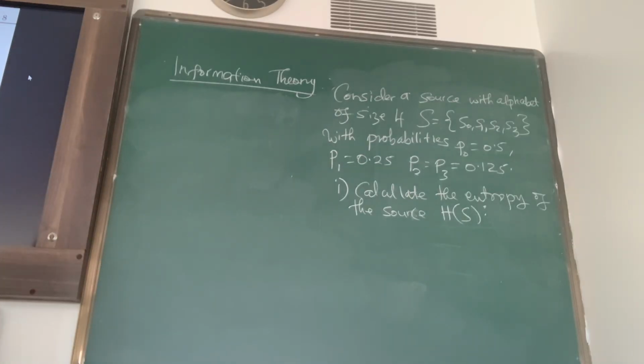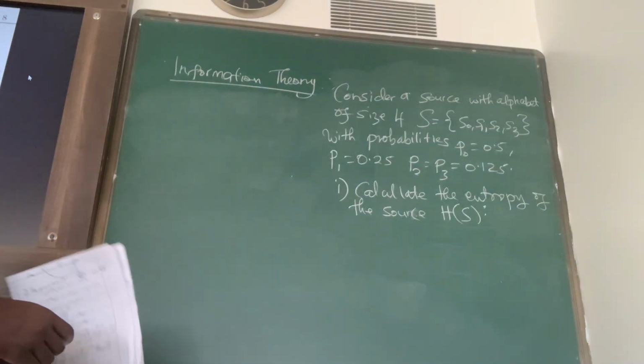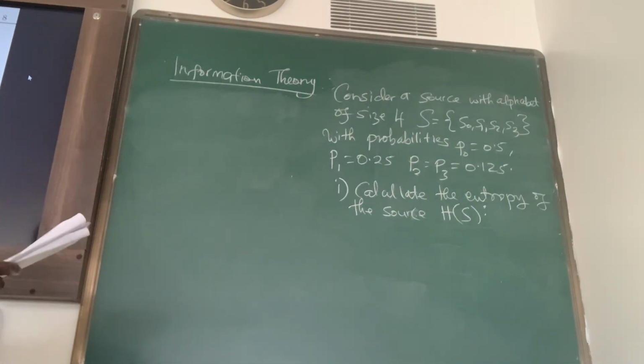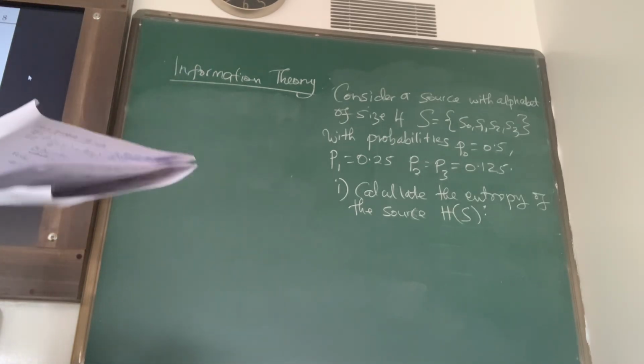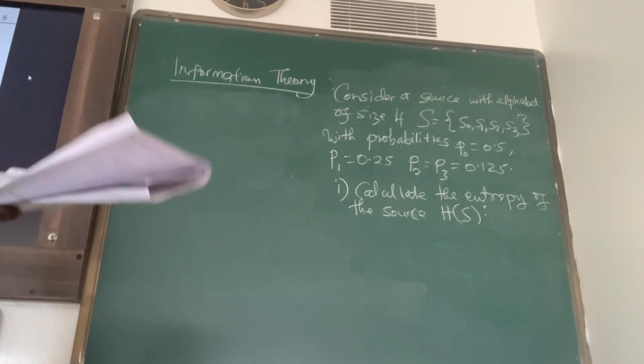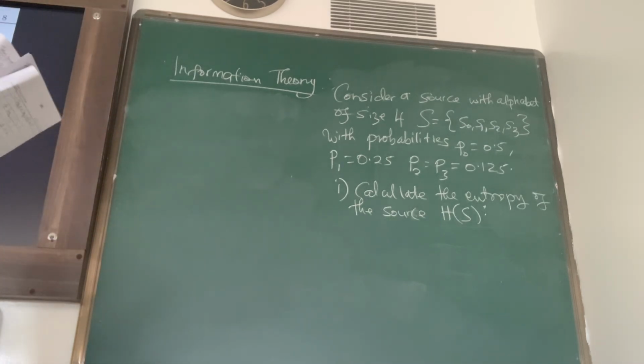So you have a source with alphabet size 4, S, which is made up of S0, S1 up to S3, with probabilities P0 of 0.5, P1 of 0.25, then P2 equals P3 of 0.125. Now, what is the entropy of this function?